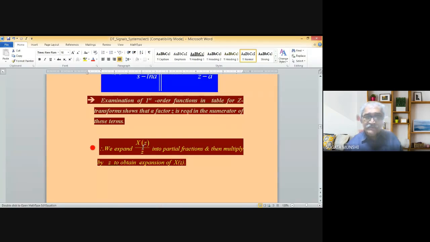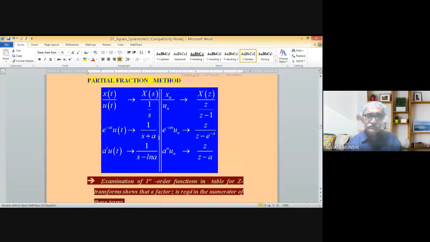If you have X(z) as a ratio of polynomials in z to the power minus 1, then no such division is required. I'll show you in a particular example. So first you write down these observations.